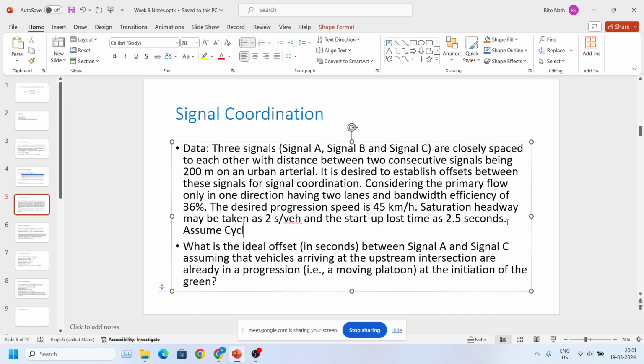Assume cycle length 60 seconds, effective green time of 30 seconds.